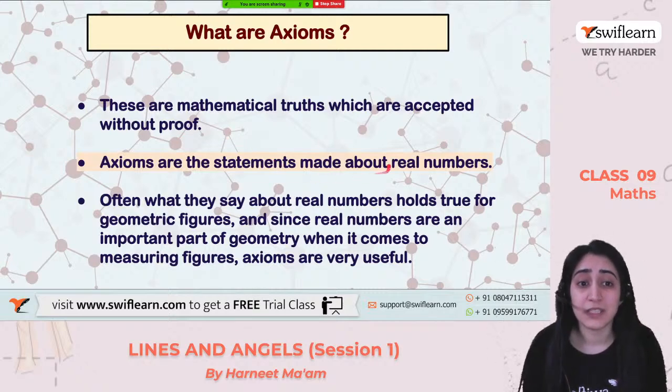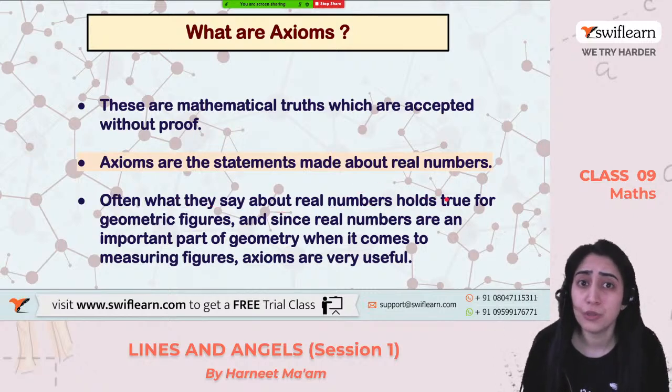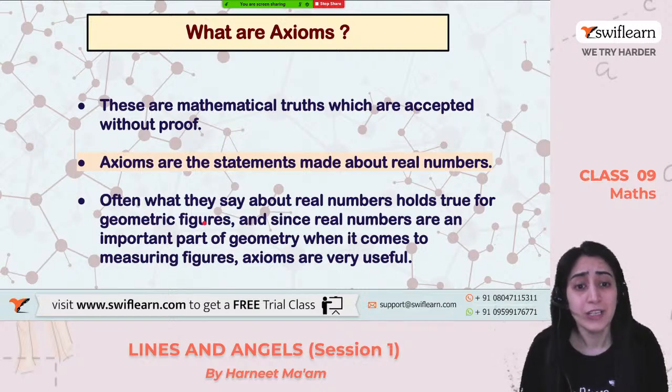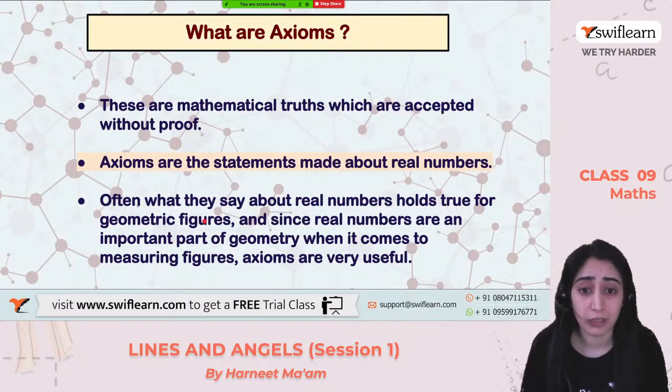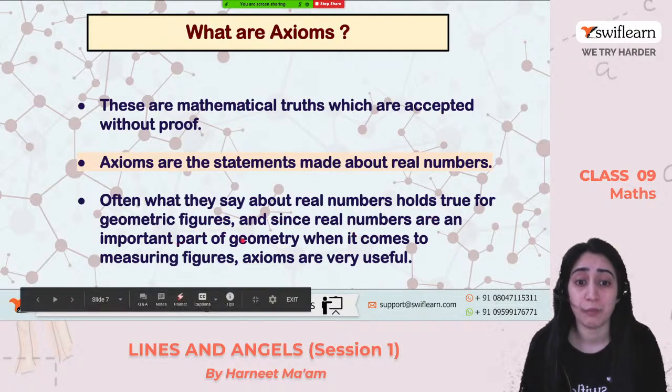These statements are about real numbers. See, geometrical figures are about real numbers. They are something real. Often what we say about real numbers holds true for geometrical figures. So whatever we say about real numbers is the same with geometrical figures, since real numbers are an important part of geometry.